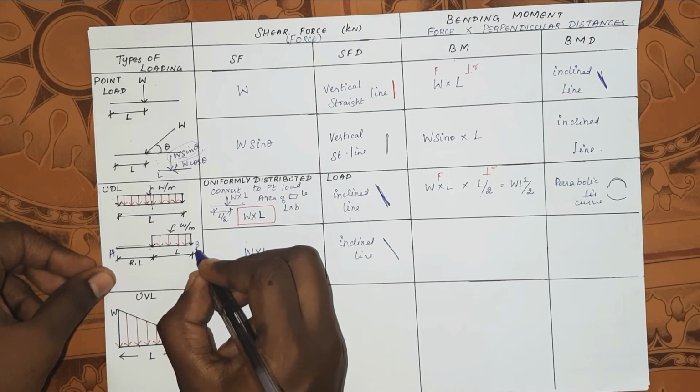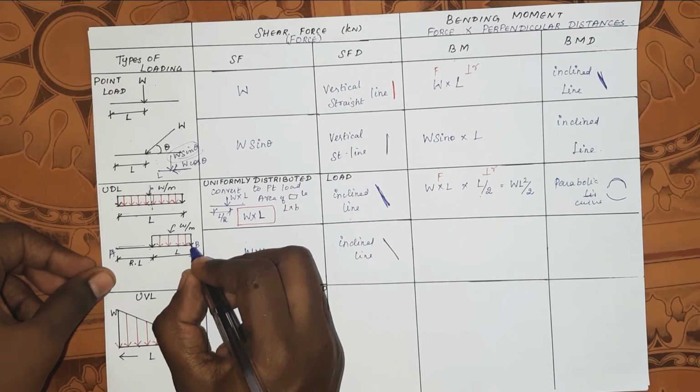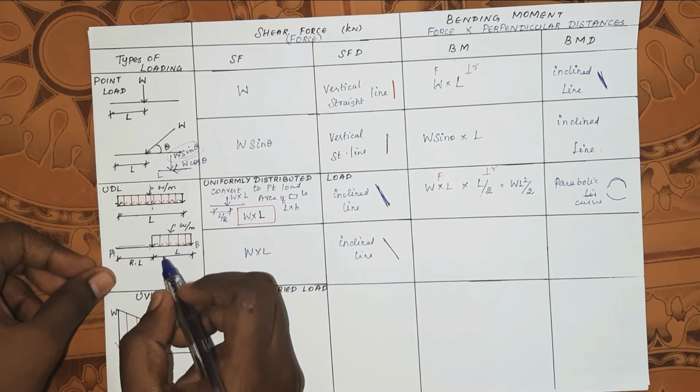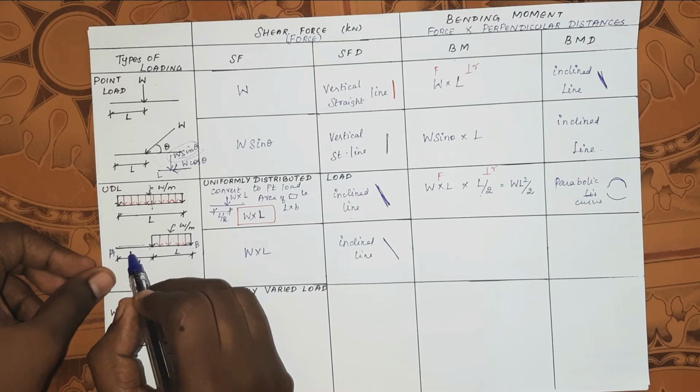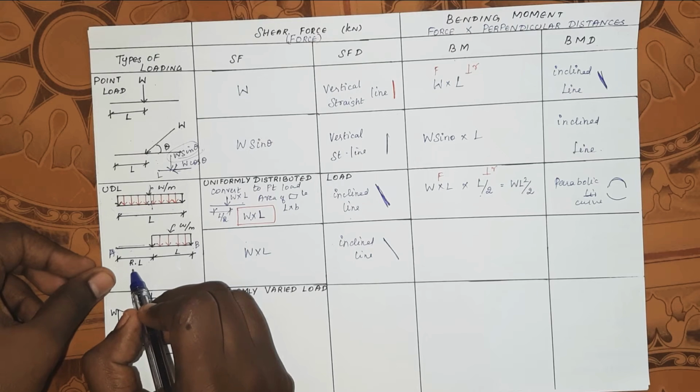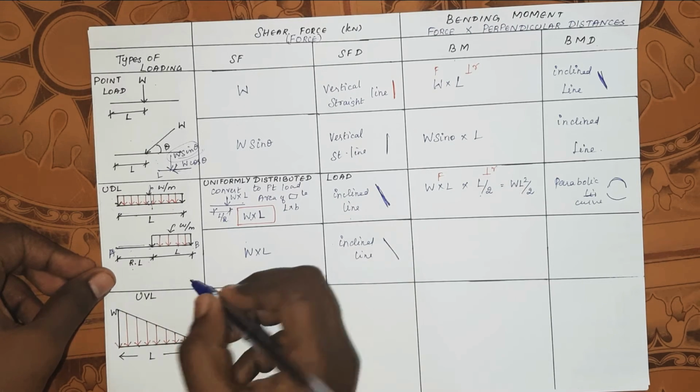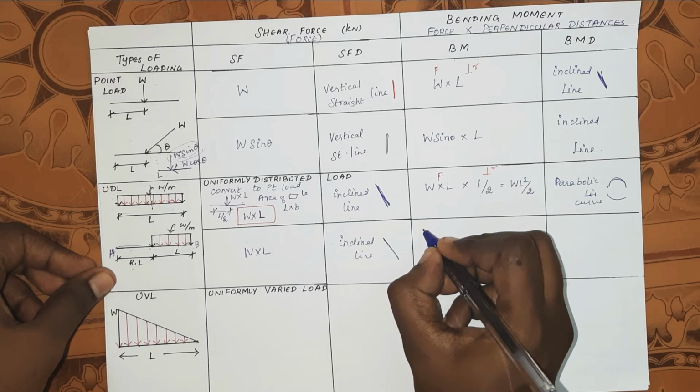When I calculate bending moment at B here, there is no need to consider this remaining length. Why? Because this UDL creates some deformation moment here also, so we have to consider this remaining length. For that purpose we have two formulas.